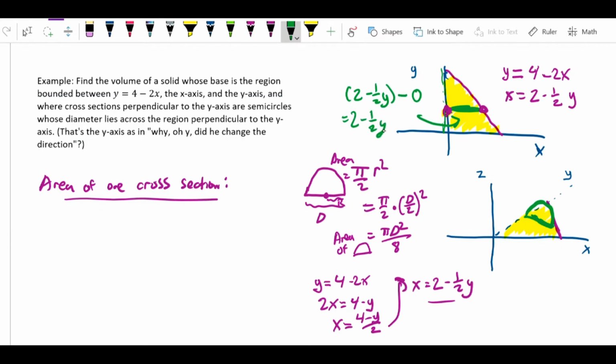That's the diameter. So we can write finally the area of one cross section is equal to pi over 8 times the diameter squared, and that's the area of one cross section.